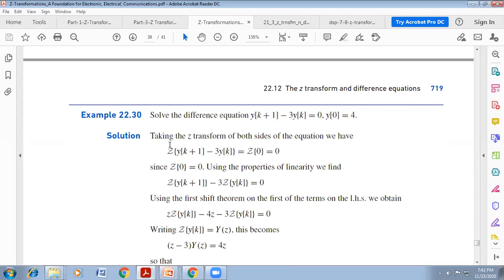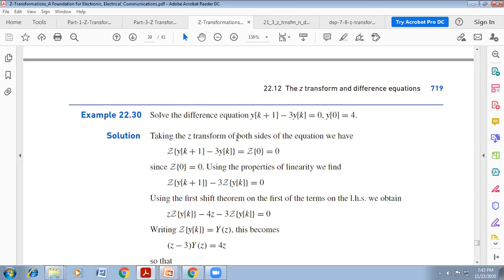Taking the Z transform of both sides of the given equation. This is a first order equation, and it is also homogeneous. This is a homogeneous, first order difference equation. Remember it. Now taking the Z transform on both sides, we are skipping the Laplace transform and talking about the Z transform.